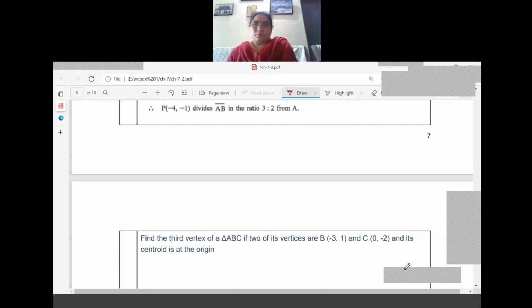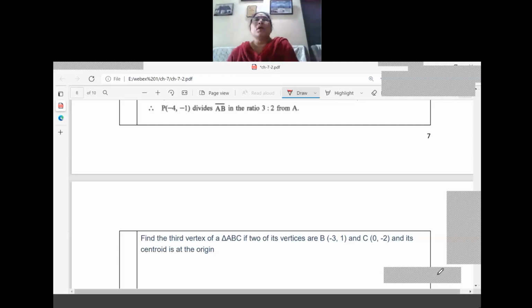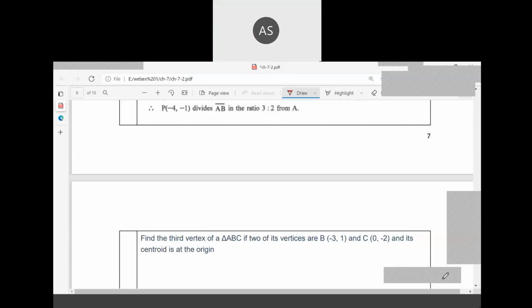Minus 1 comma minus 1 by 3, ma'am. Minus 1 by 3. Okay, formula you tell me, Abhimanyu. Ma'am, x1 plus x2 plus x3 by 3 equal to.